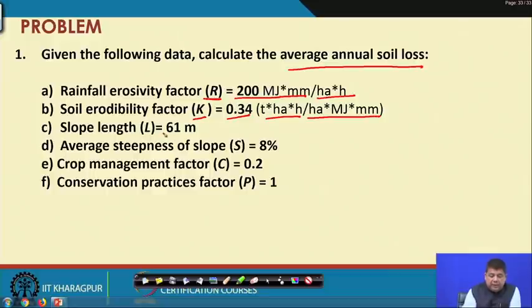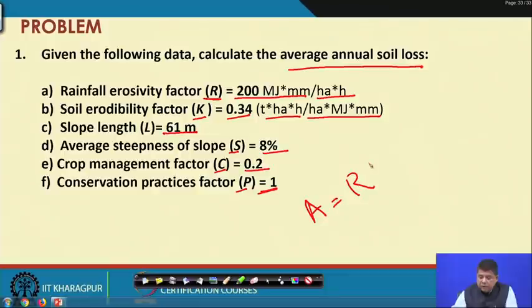Slope length is given as 61 meters, average steepness of slope S is given as 8%, crop management factor C is given as 0.2, and conservation practice factor P is given as 1, which simply means that no conservation practice is taken. We have to use the universal soil loss equation, A equals R K L S C P, in order to be able to estimate the average annual soil loss.